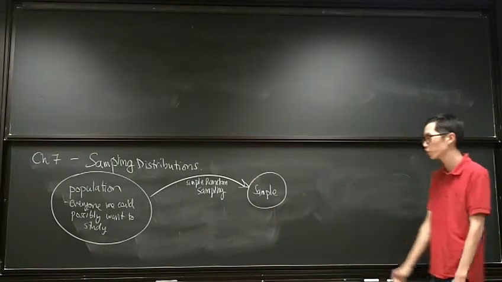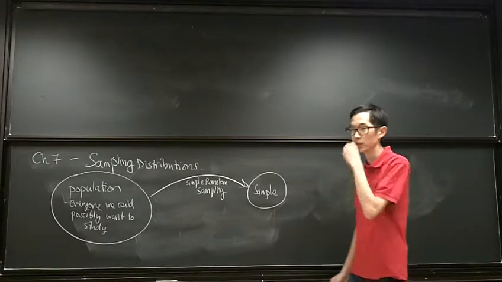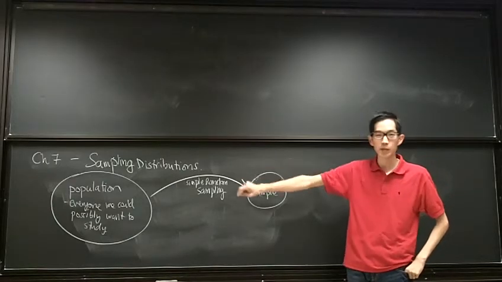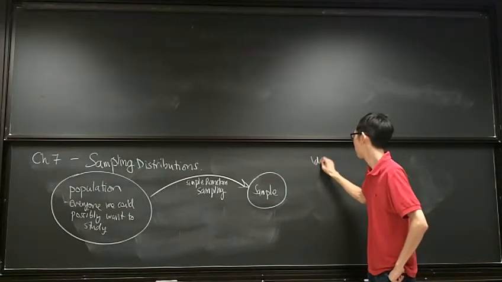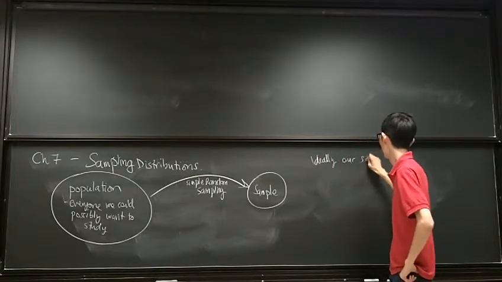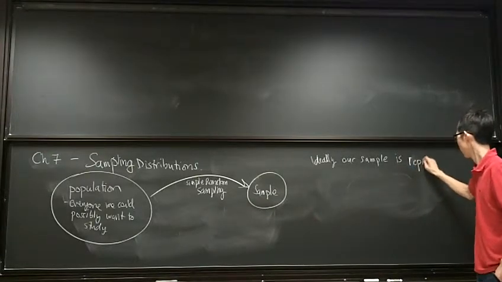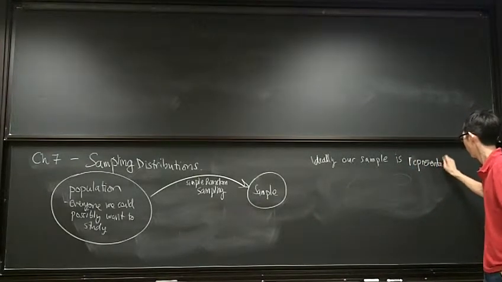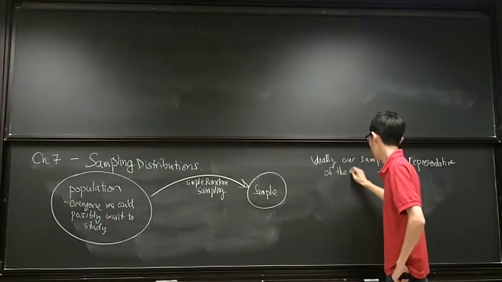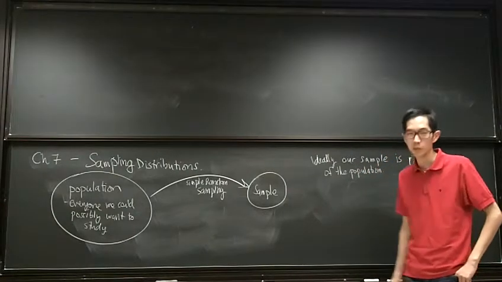This is a select group of people that we've taken from the population. And we're hoping this sample represents the population. Ideally, our sample is representative of the population.